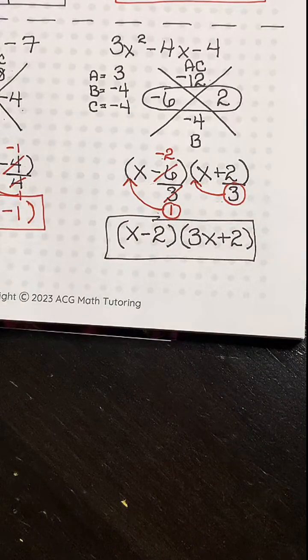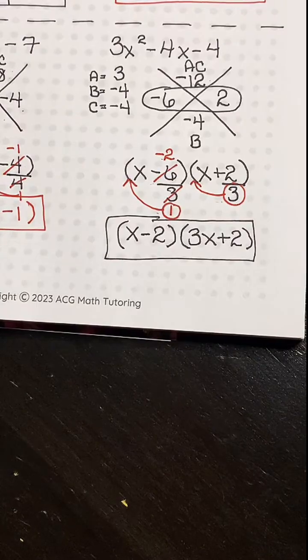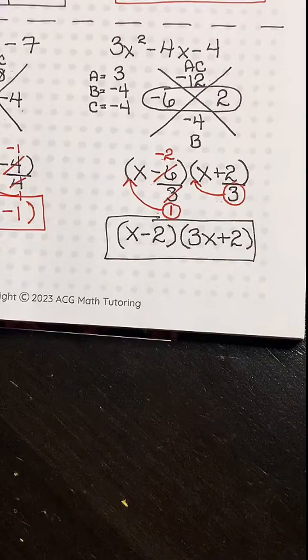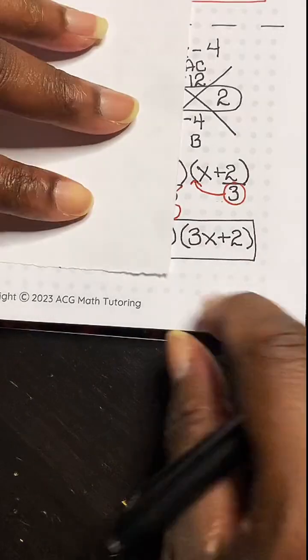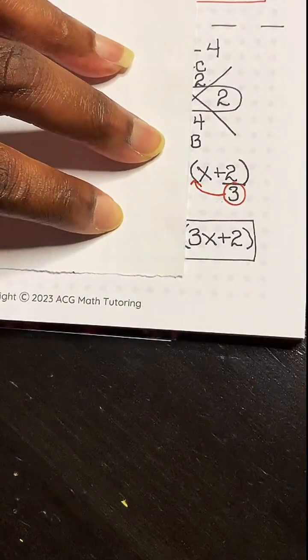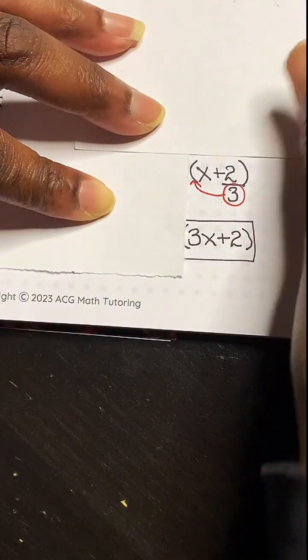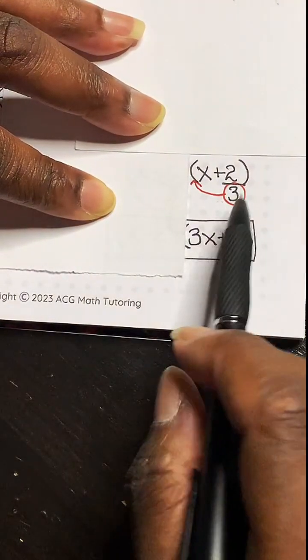How did I get the 3x? So let me see if I can grab this for a second. One second. Okay. So let me hide this part. So now you can just focus on this.